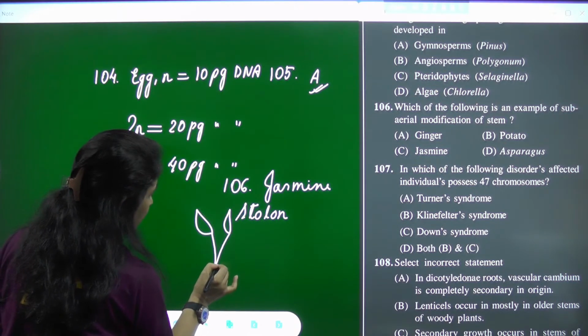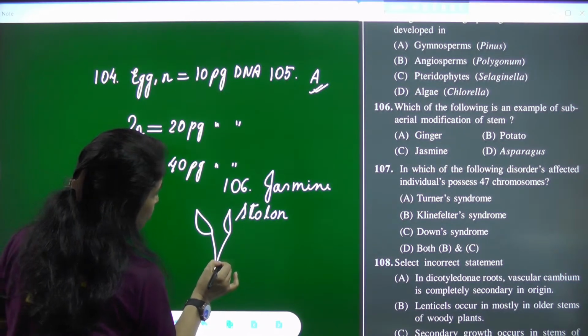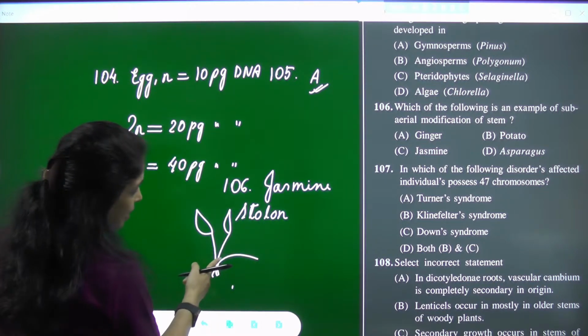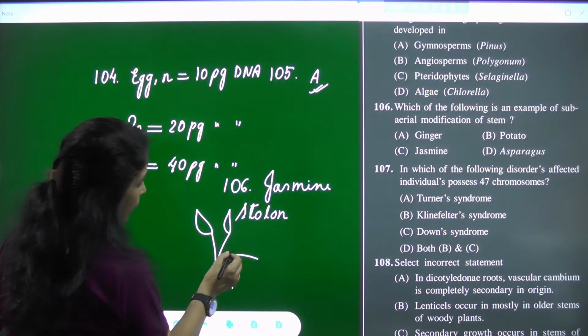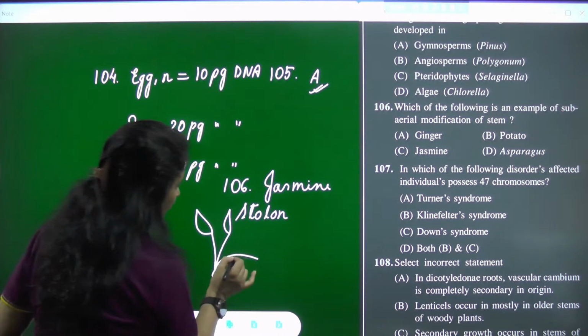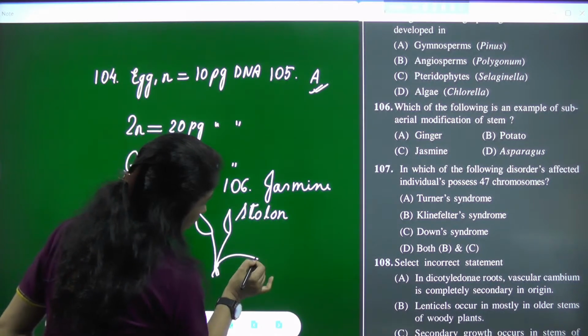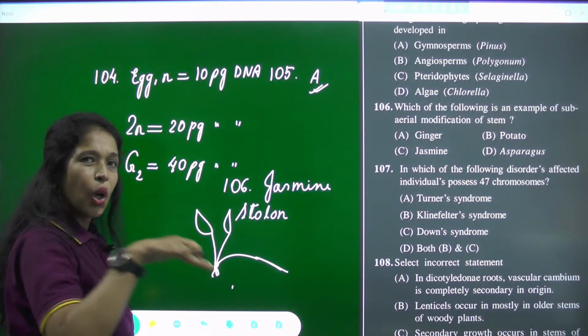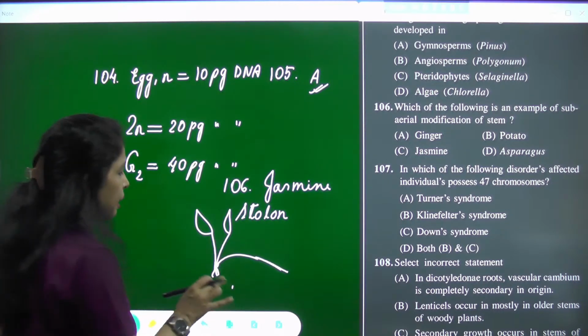This is the bud which will sprout to form the subaerial stem. This is the subaerial stem, stolon, which will grow horizontally and arc down. It shows arcing like this because it is longer and slender.